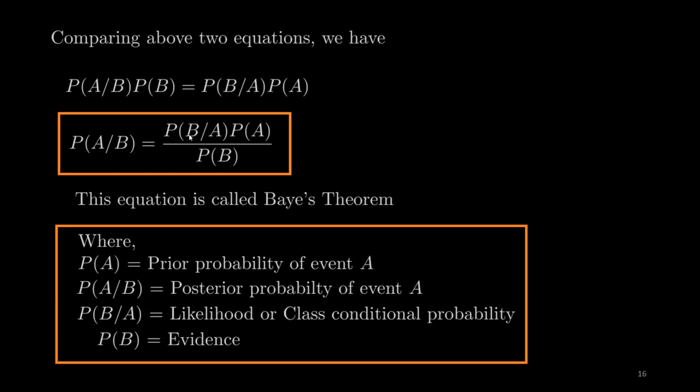Okay, now this is another term. When we find the probability of event B given A, that term is called the likelihood term or class conditional probability. The class conditional probability or likelihood term indicates how likely it is for event B to occur such that event A has already occurred.